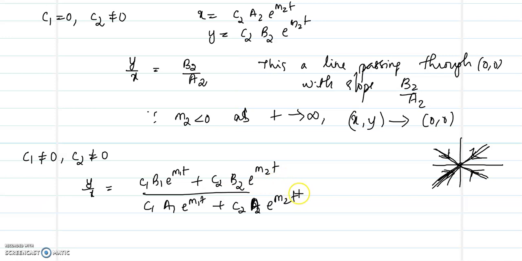Now let me divide throughout by c2 e raised to m2t.